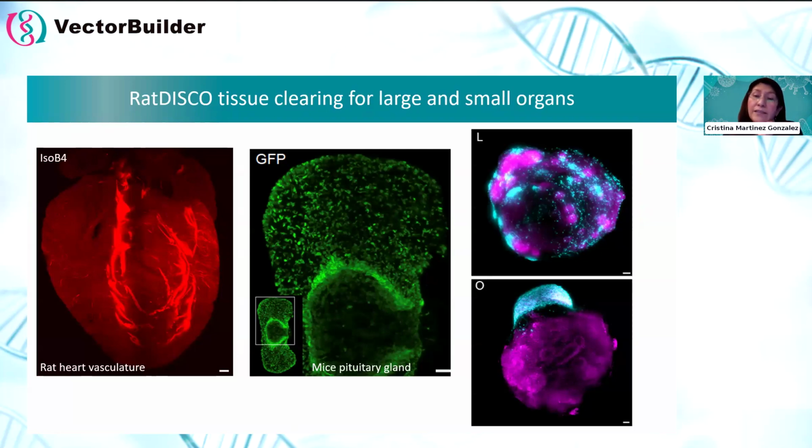some organoids. In this case, these two are spheroids in purple or magenta, and in blue you have glioblastoma cells. Depending on how the tumor, if the tumor is disrupted, you can see how it completely invades the spheroid.